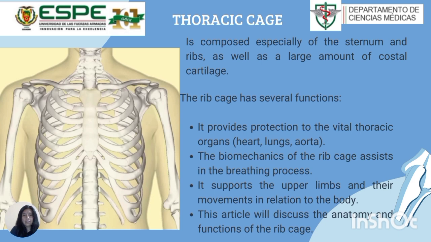The biomechanics of the rib cage assists in the breathing process. It supports the upper limbs and their movements in relation to the body, and this article will discuss the anatomy and function of the rib cage.